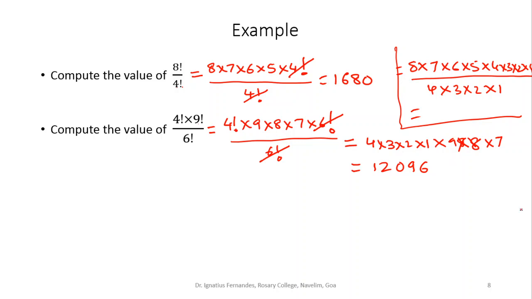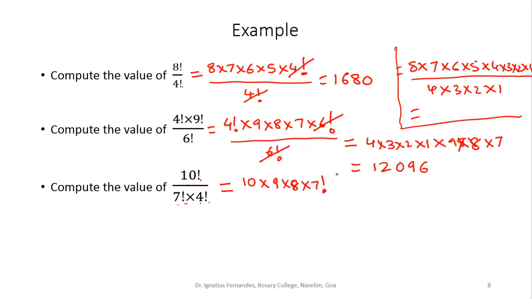The same way, suppose I have 10 factorial upon 7 factorial upon 4 factorial. How will you simplify this? I have 10 factorial, 7 factorial and 4 factorial. So 10 factorial I can simplify till 7 factorial so that I can cancel it. I'll write 10 factorial as 10 into 9 into 8 into 7 factorial, divided by 7 factorial as it is.